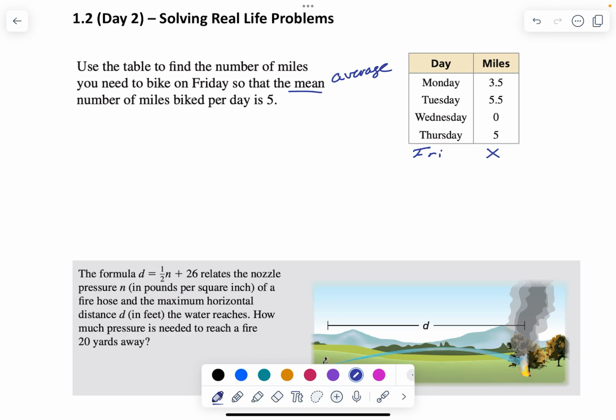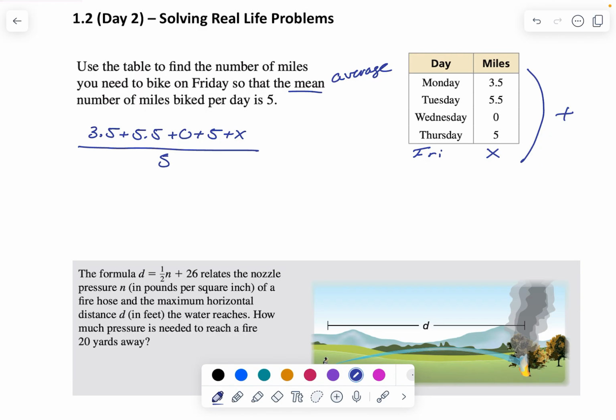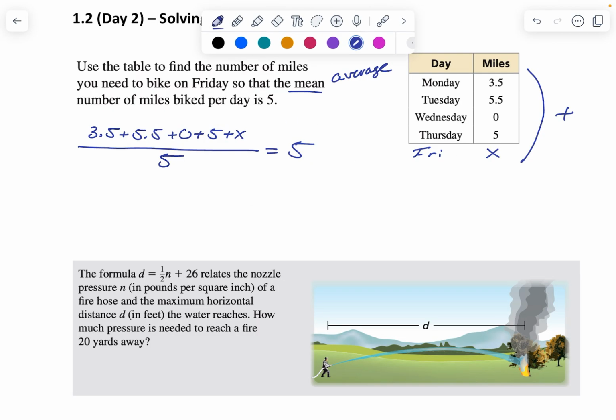So remember, an average means we take all things and add them together. So it's going to look like 3.5 plus 5.5 plus 0 plus 5 plus x. And now to find the average, since we added 5 things together, we would divide by 5. We want that to equal 5.